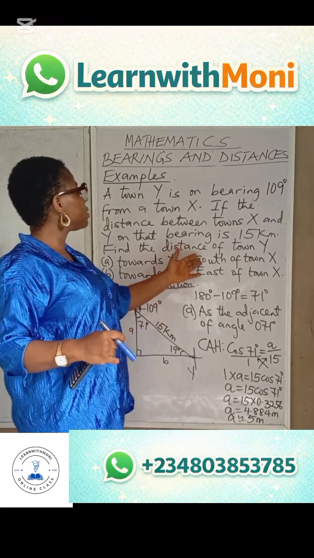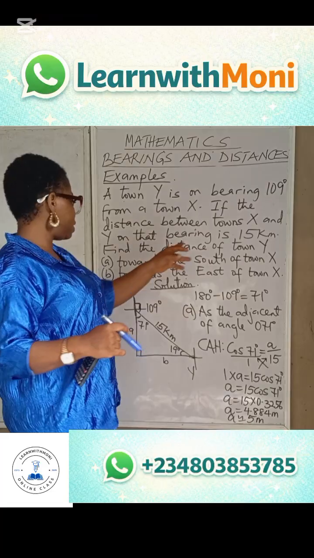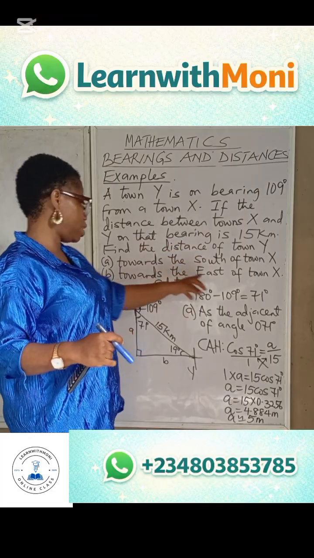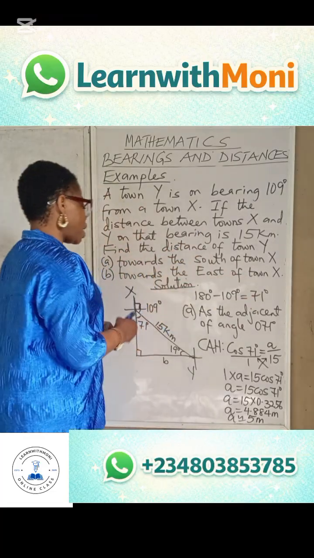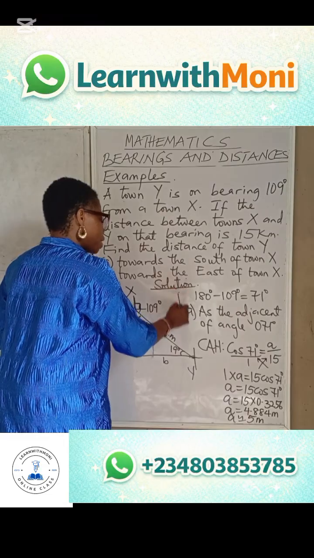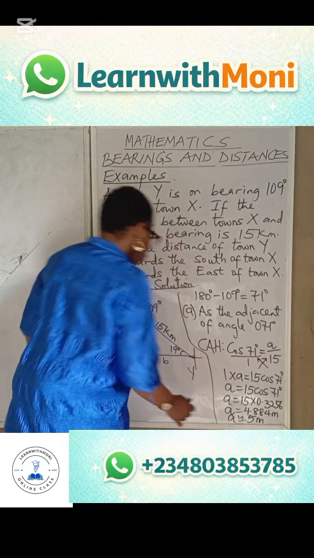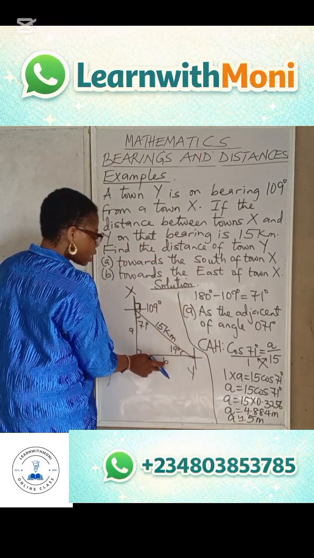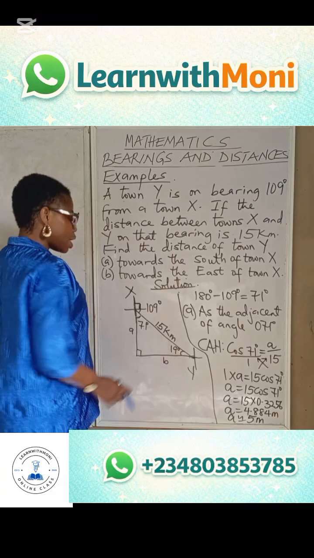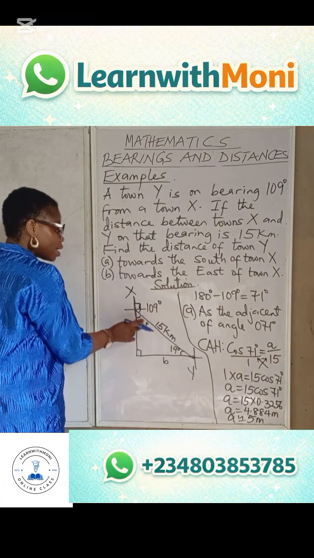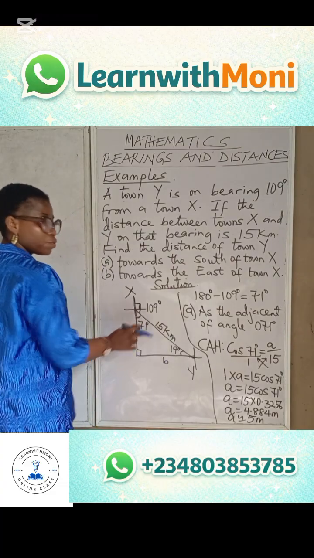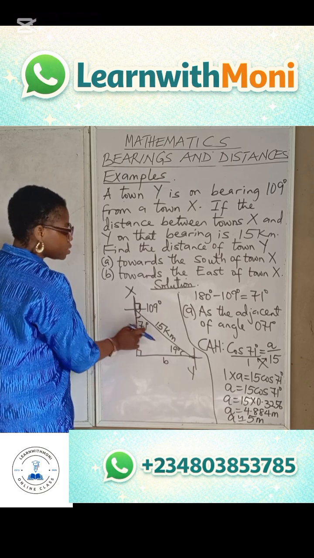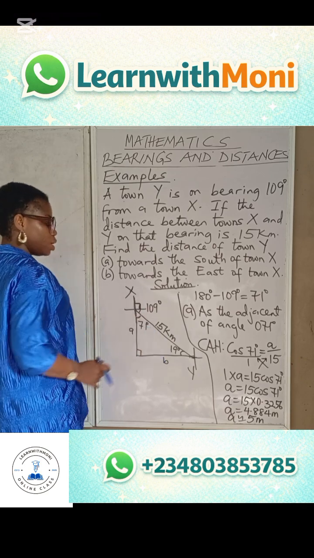The second question is asking us to find the distance of town Y towards the east of town X. That is the B part of the question. Towards the east of town X, that is looking at this. I can take B as the opposite of angle 71 because it actually is the opposite.